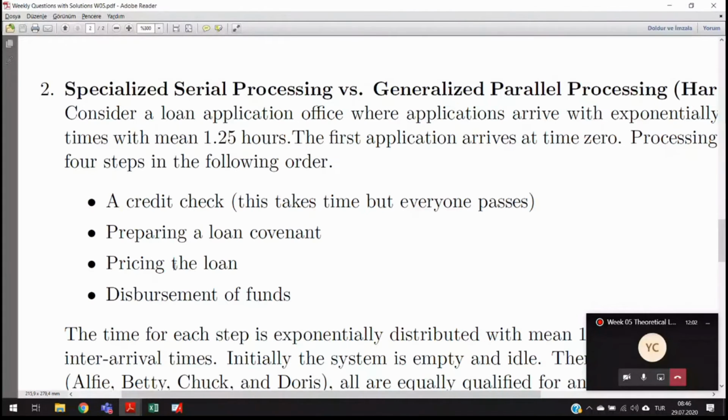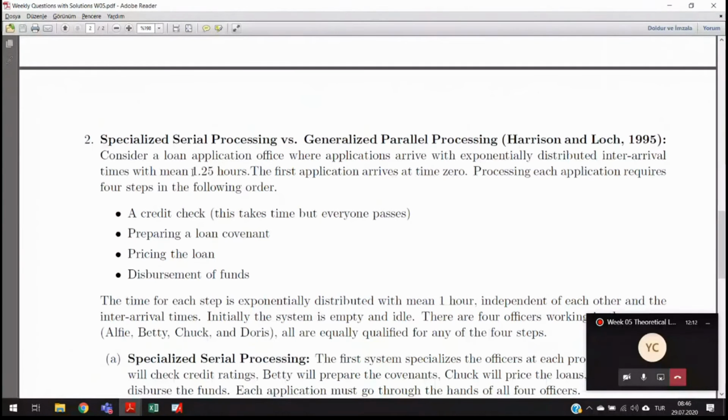The applications are arriving with exponentially distributed inter-arrival times with a mean of 1.25 hours. So we have this parameter here, inter-arrival times follow an exponential distribution. This means the arrivals are occurring according to a Poisson process.